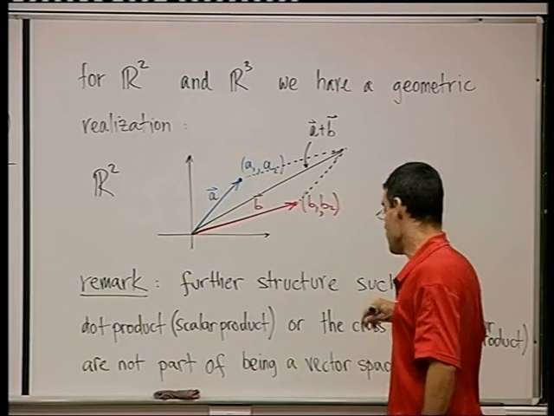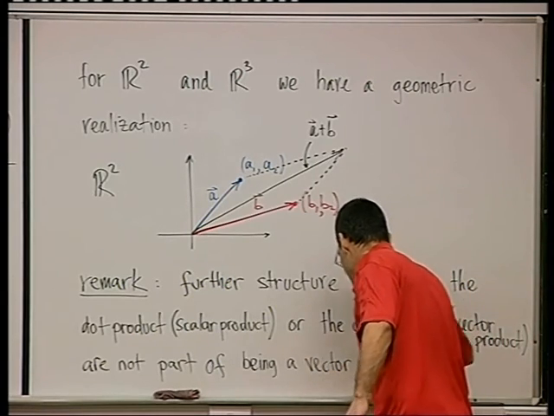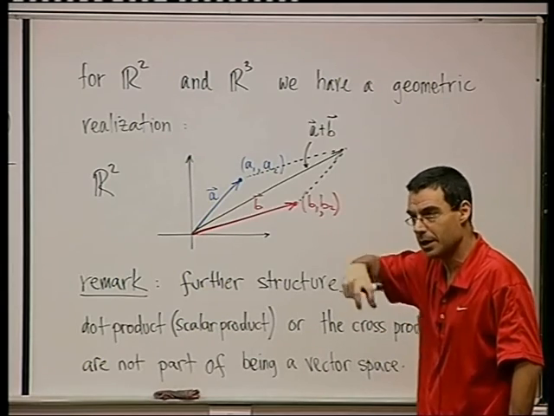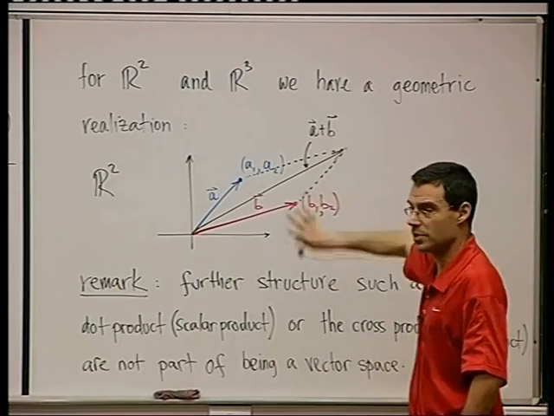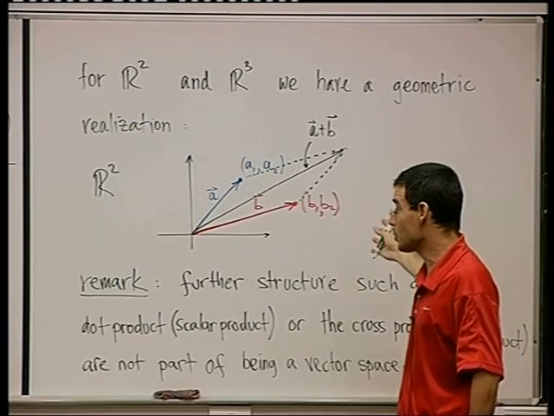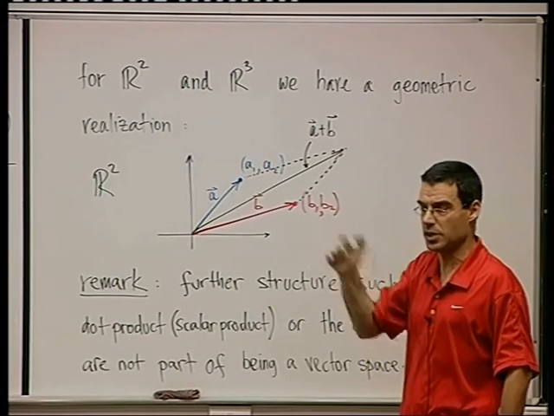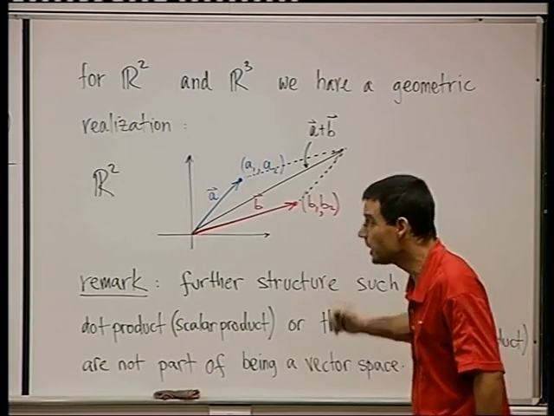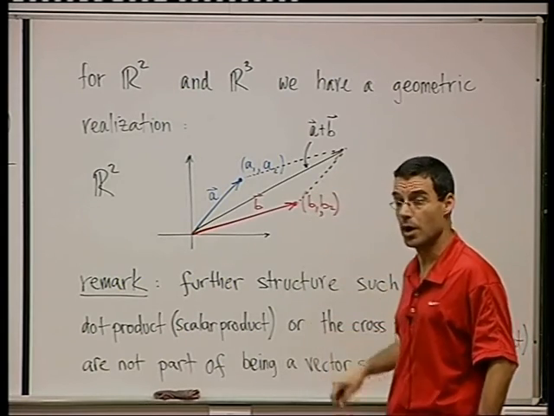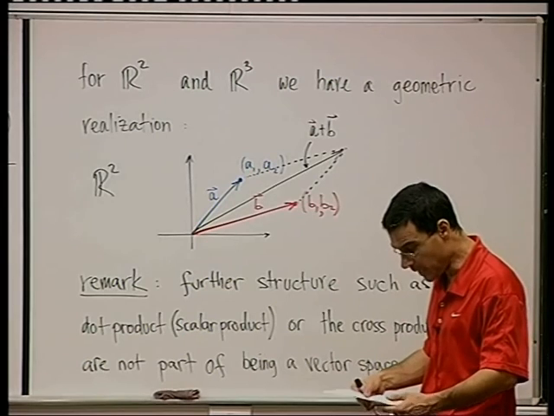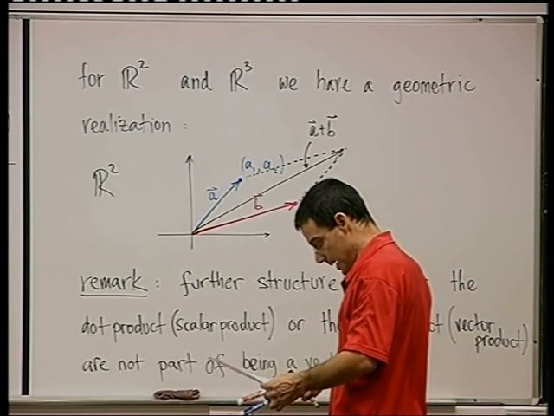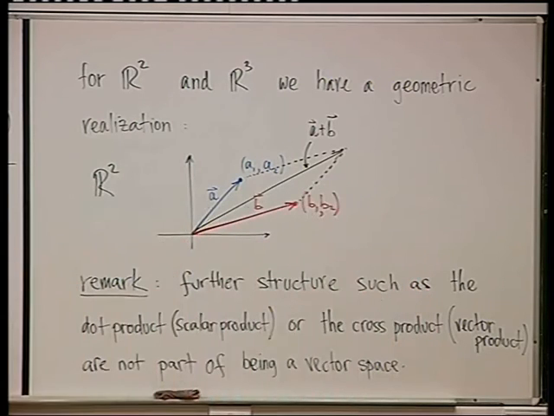Okay, so the idea of being a vector space is really just the algebraic part of these structures, namely the addition and the scaling. That's what we're considering in looking at the vector space structure of Rn. Okay, clear? Okay. Good.